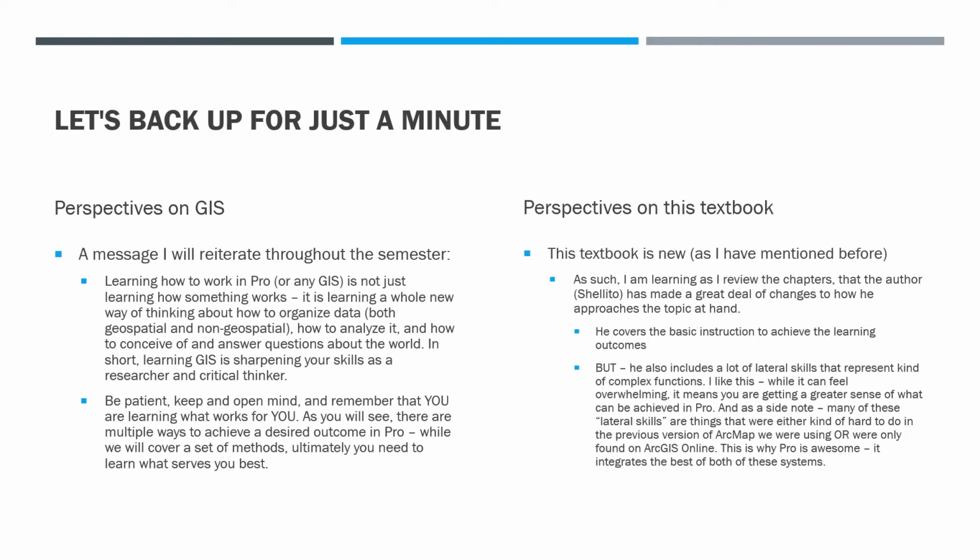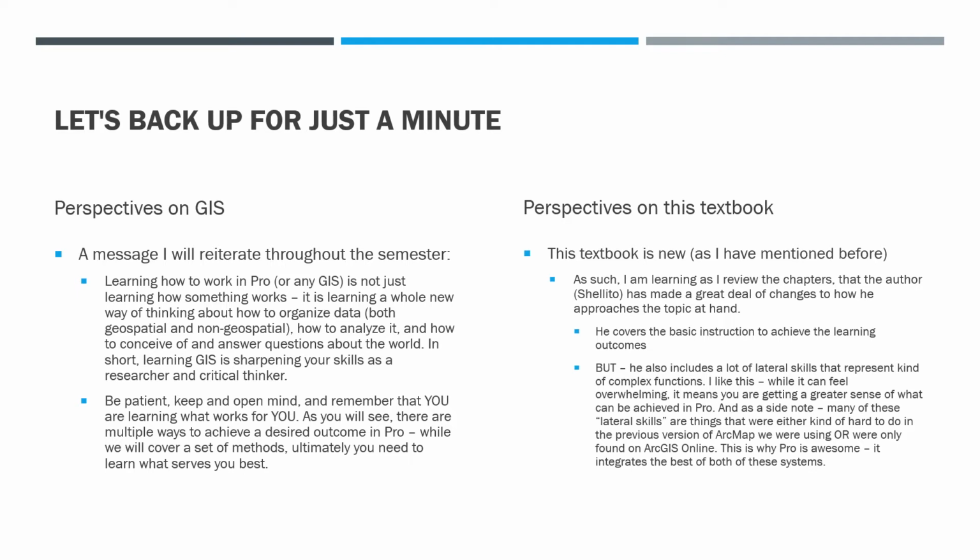And I also wanted to add some perspective on this textbook. As I've mentioned before, this textbook is new, and I'm learning as I review the chapters how different it is from the other book. One of the things that Shalito has changed, and it's worth bringing up, is that he does cover the basic instructions to achieve learning outcomes, such as these basic things about what is going into a GIS. But he's also including a lot of lateral skills that can represent more complex functions, and that's what's new, and that's actually one of the features of Pro.